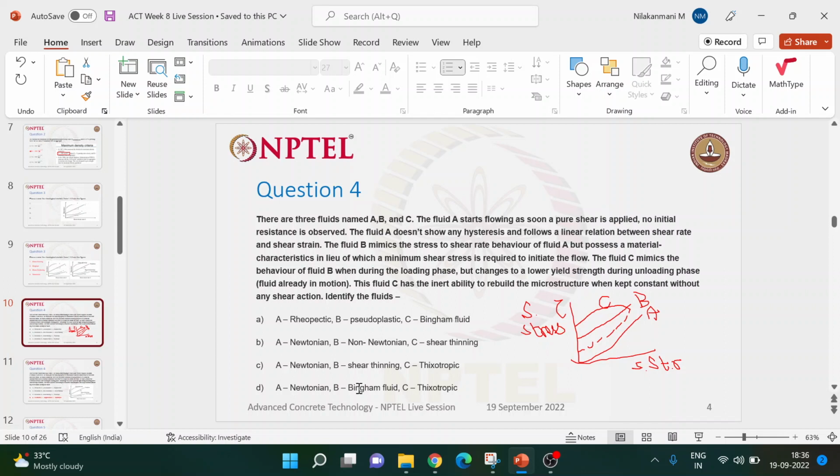Why, ma'am? Because if it is a Bingham model, it's non-Newtonian. But B is showing the characteristics of non-Newtonian as well as shear thinning. I'll give an example: I have an apple in my hand. If I give you the options 'not a vegetable' and 'apple', what will you pick? You will pick apple.